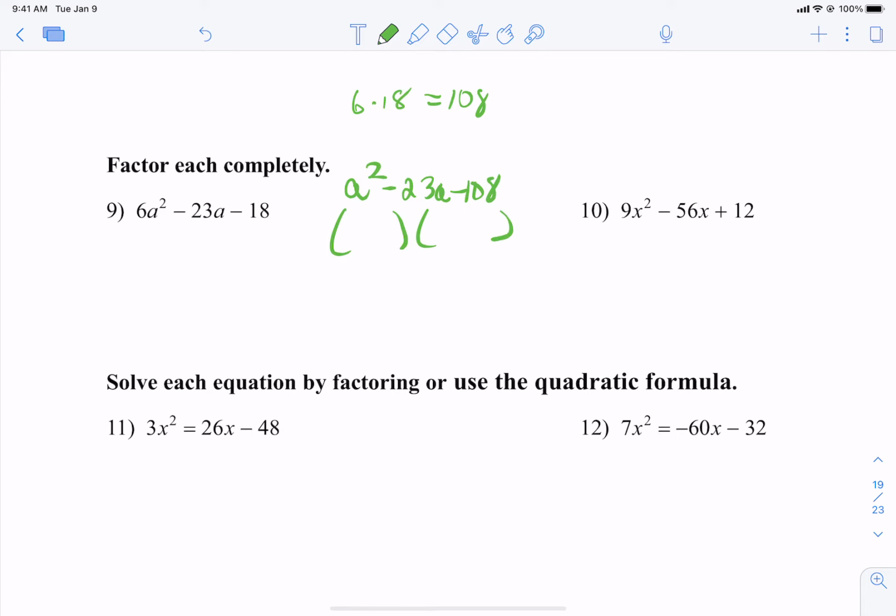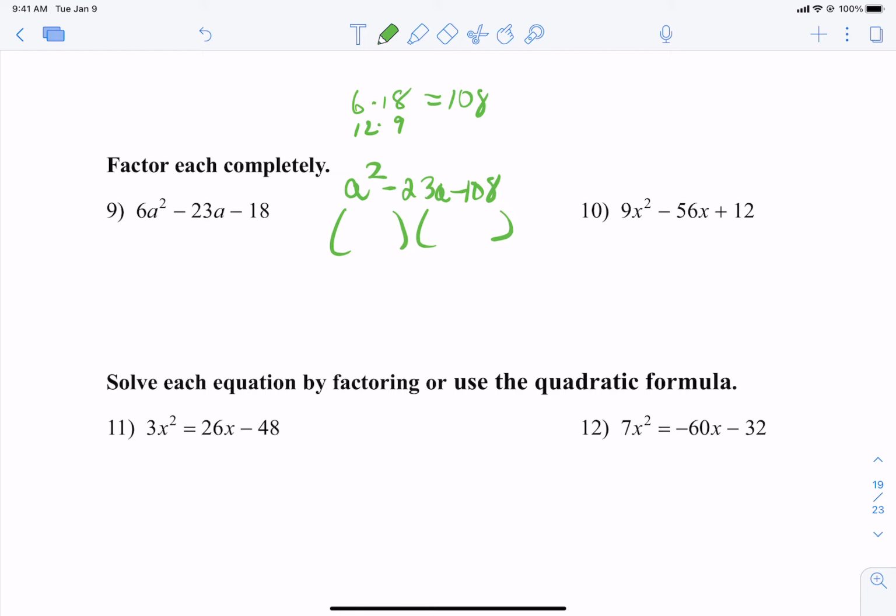And I'm going to try to factor that. So I need the factors of 108 that subtract and have a difference of 23. Okay. Well, I know 6 and 18 made the number 108, so I can use that to help me. So that would be 9 and 12. 9 times 12 only has a difference of 3, so that doesn't help me too much.